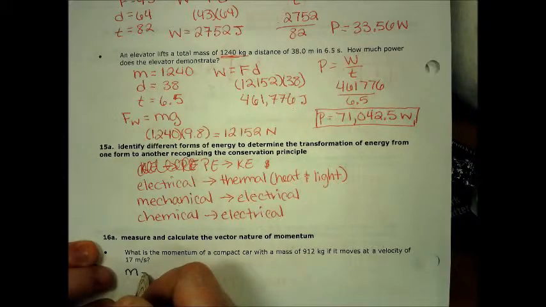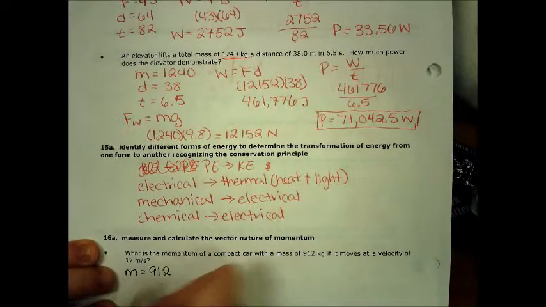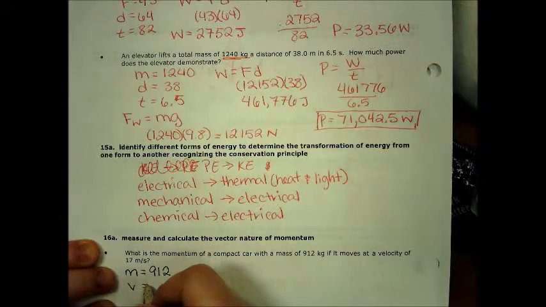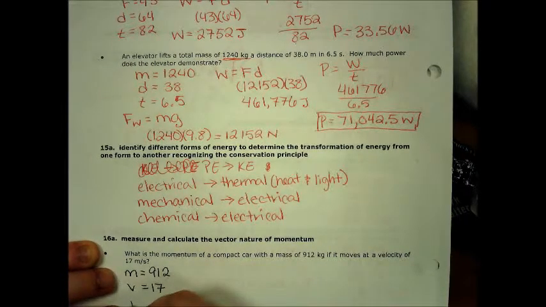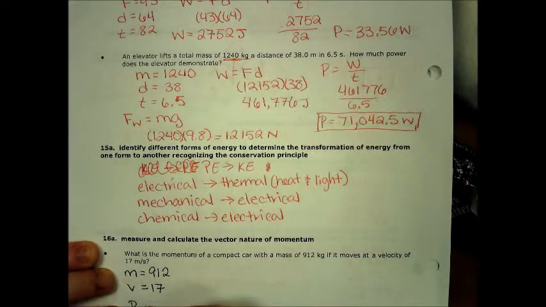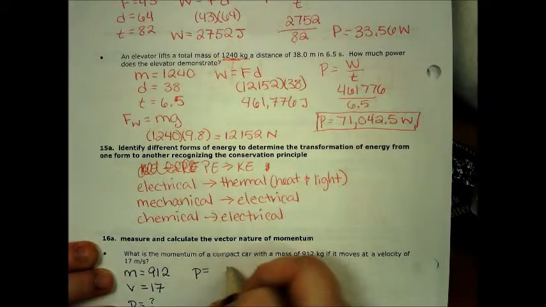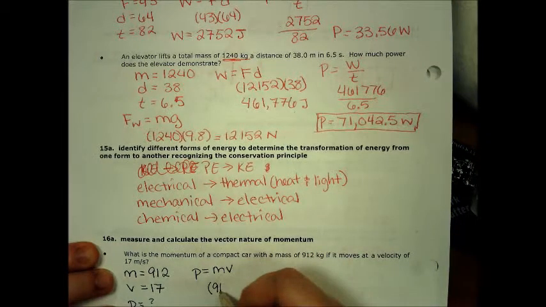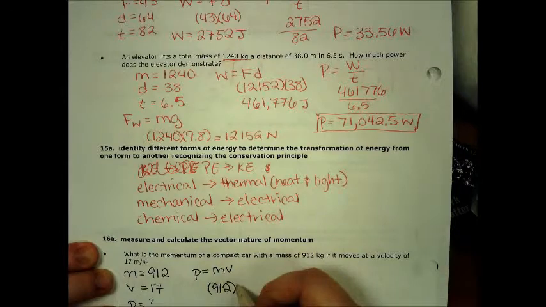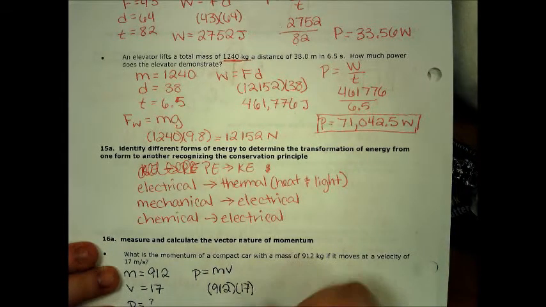So we're given a mass, 912, a velocity of 17. Momentum is lowercase p, as confusing as that is. So lowercase p equals m times v. 912 times 17.